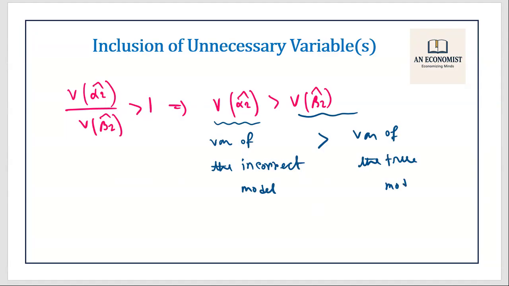This proves that the variance you obtain from the incorrect model will be inefficient in nature.